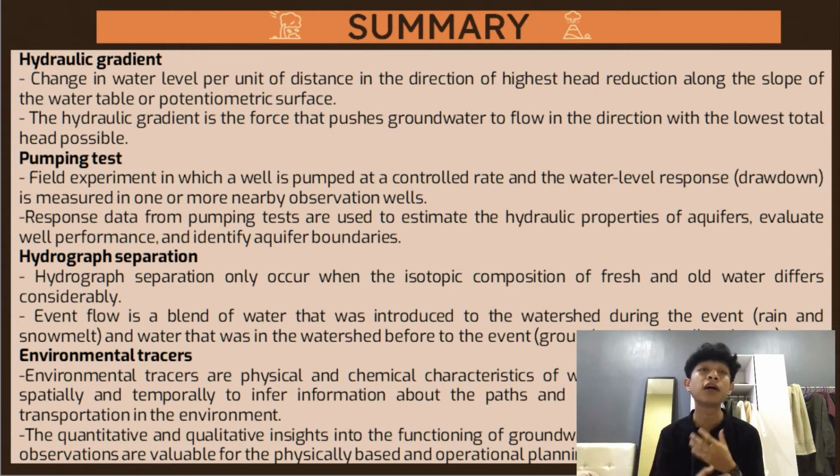And lastly, for the environmental tracer, it is a physical and chemical characteristic of water that can be differentiated spatially and temporally to infer information about the path and dynamics of water and solute transportation in the environment. The quantitative and qualitative insights into the functioning of groundwater systems gained from tracers are valuable for the physically based planning and operation of groundwater systems.